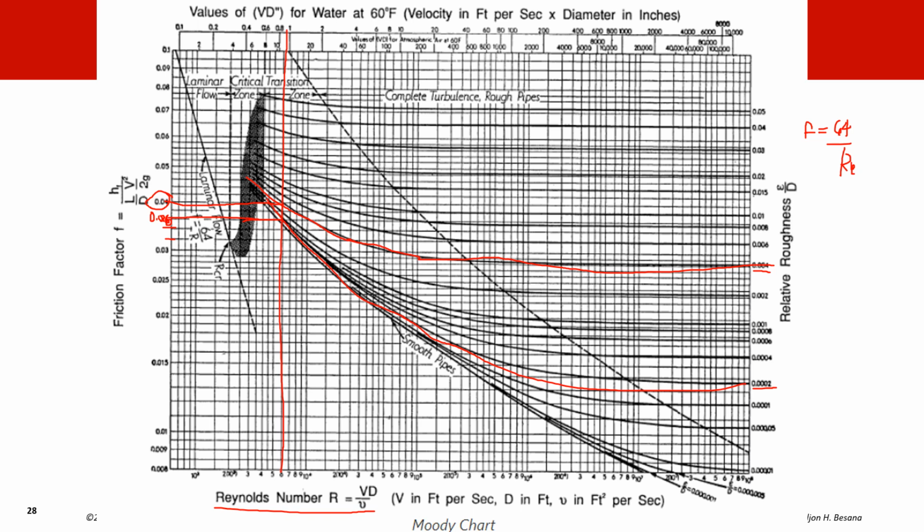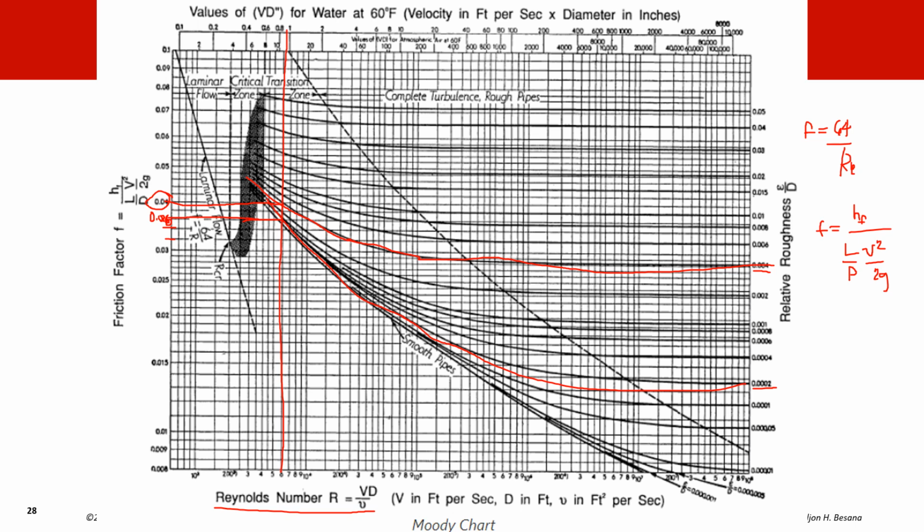Or we could also have friction factor for turbulent equal to frictional head loss over length over diameter, multiplied by velocity squared over 2g, that is our velocity head.